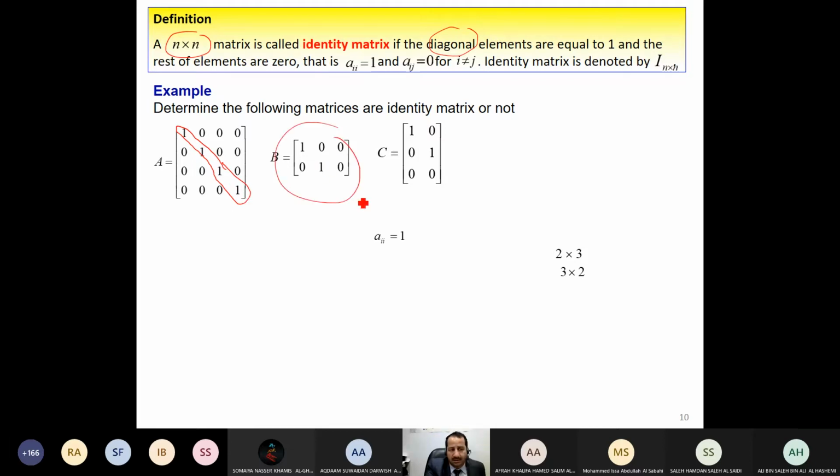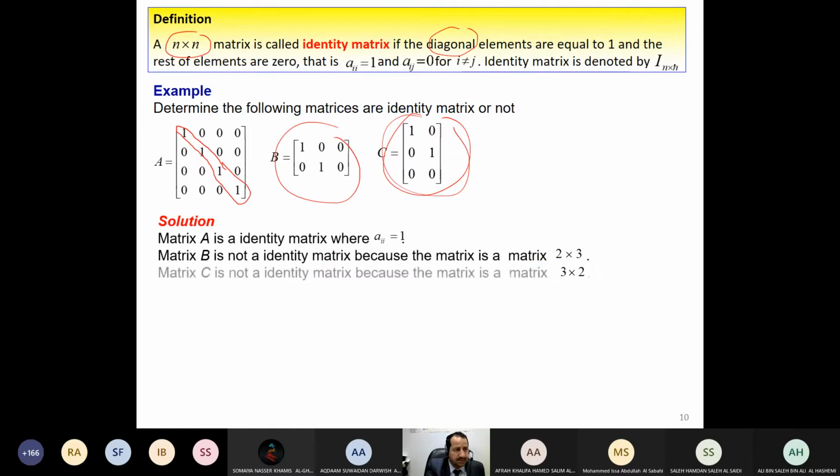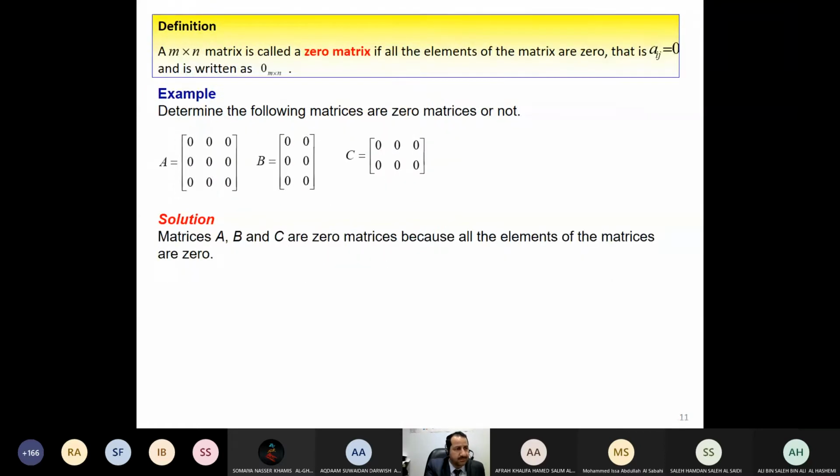While here it is not, because it's not a square matrix. The same thing here, it's not square. You see here, the first one is 2 by 3, the second one is 3 by 2. So they are not identity matrices.